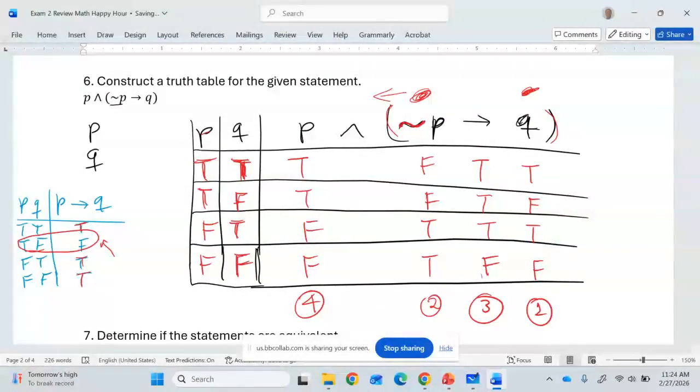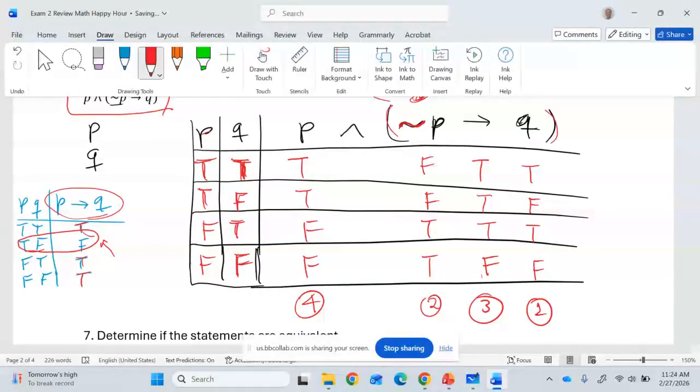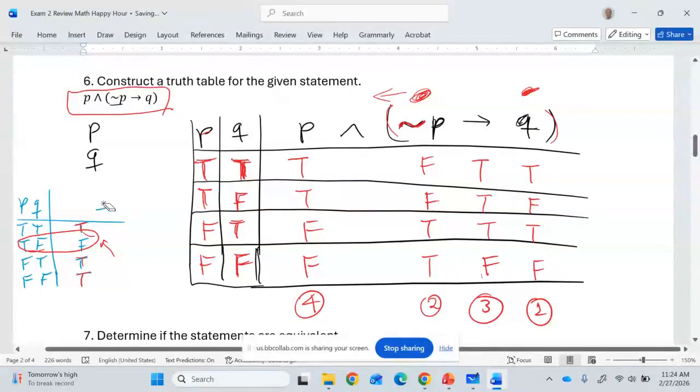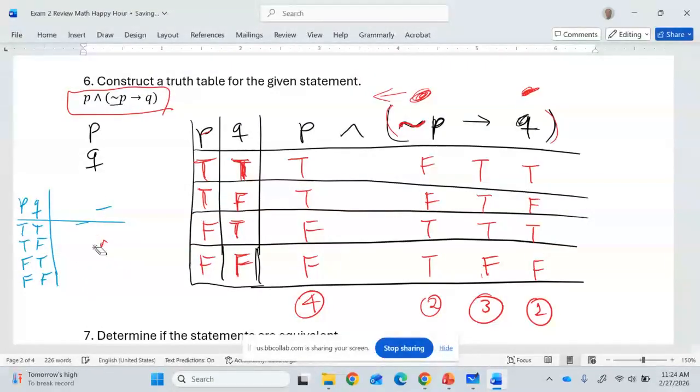The final result of this table will be under that symbol, which is the and. Just like I did a little table for P and for the conditional statement, all of these tables you should have been provided with. They are in the book. If you don't have them in your notes, do not worry. Just go back and look at the book and you'll find them in there.